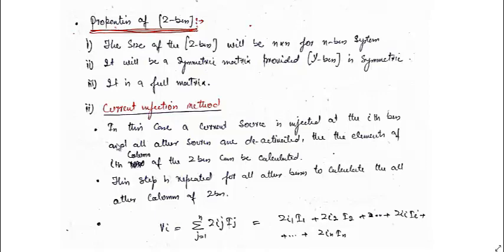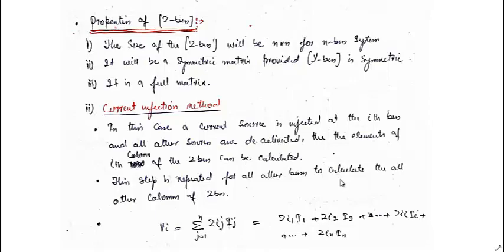Similarly, here in this case, a current source is injected at the ith bus and all other sources are deactivated. The elements of the ith column of the Zbus can then be calculated. Here slightly more elements are calculated as compared to the earlier one, but the procedure is the same. All the active sources are deactivated and a current source is injected at any particular bus. Let us say it's the ith bus.